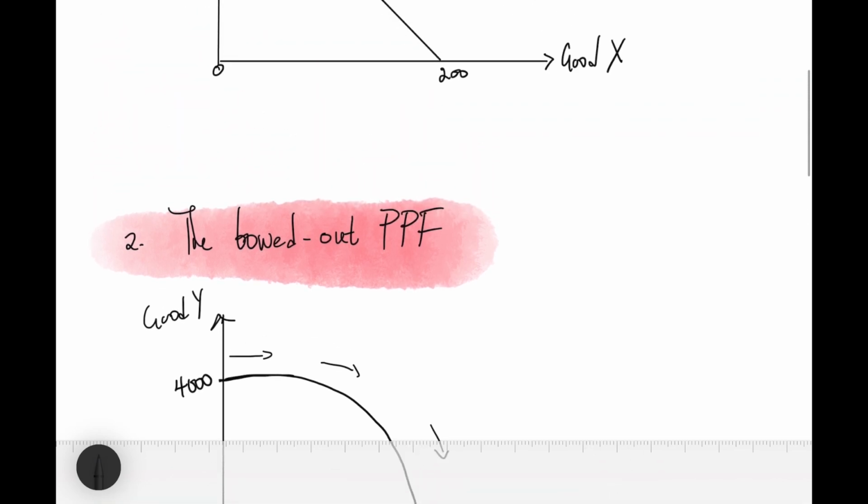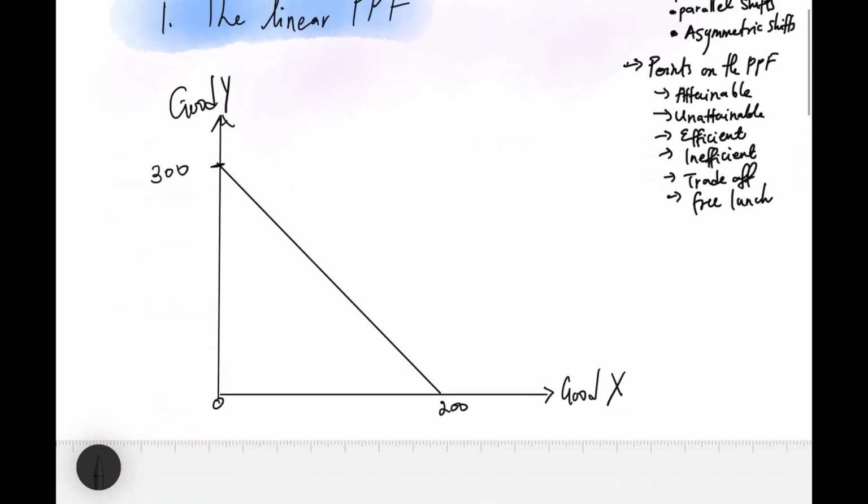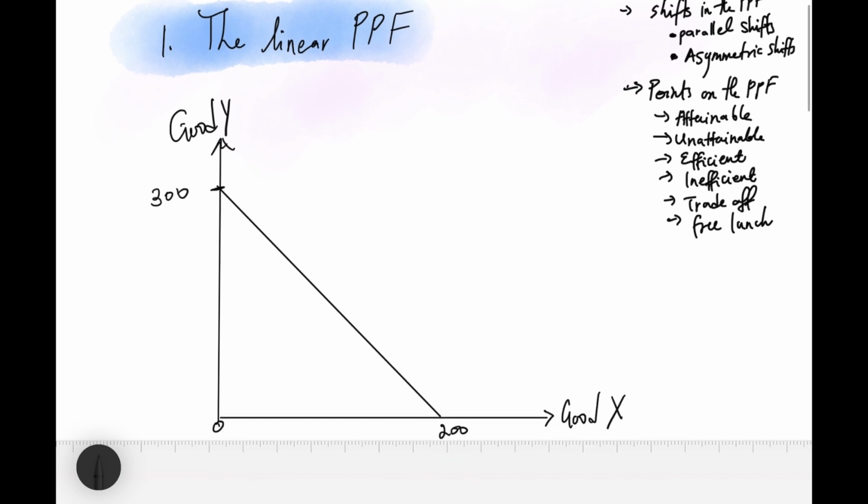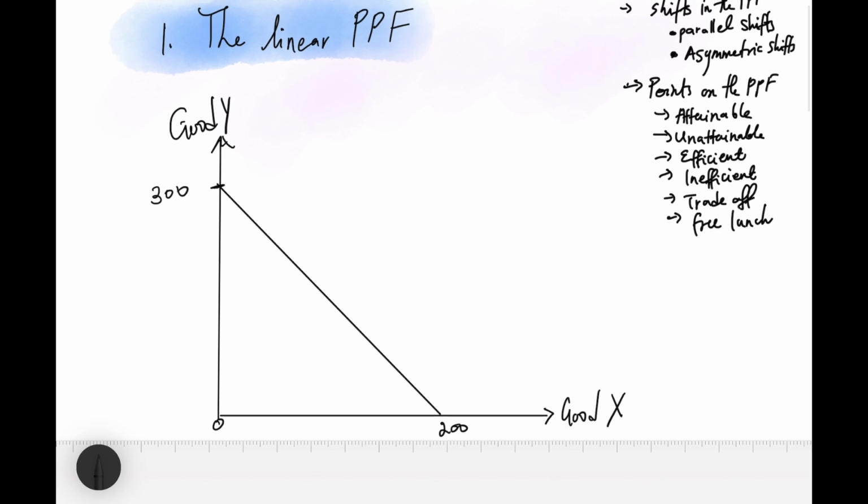One thing I want us to review when we look at these two PPFs, the linear PPF and the bowed-out PPF, is the slope. What is the slope of this line? The slope of this line at this point A is the same as the slope of this line at this point B. The slope is the same along the line because it's a linear straight line, you see.